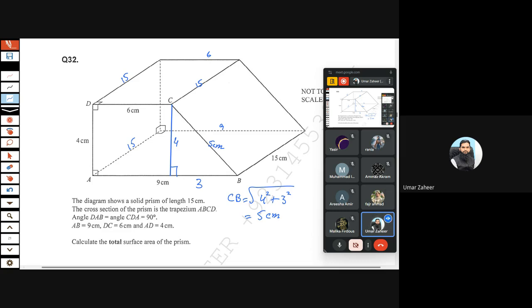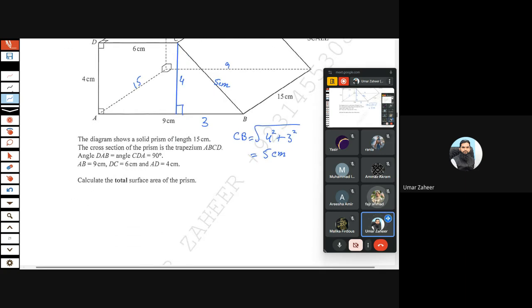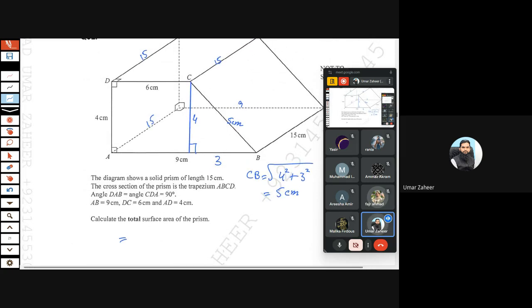Now we are able to find the area of all sides. First of all, we have to find the area of a trapezium. We have two trapeziums. The area of a trapezium is equal to 1 by 2, sum of the two parallel sides, multiplied by height.